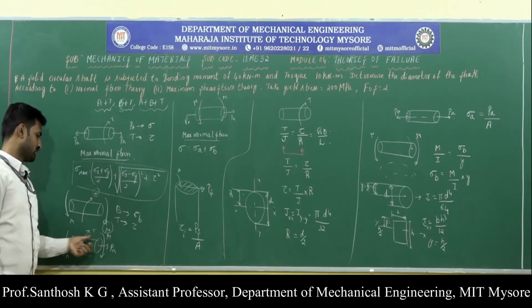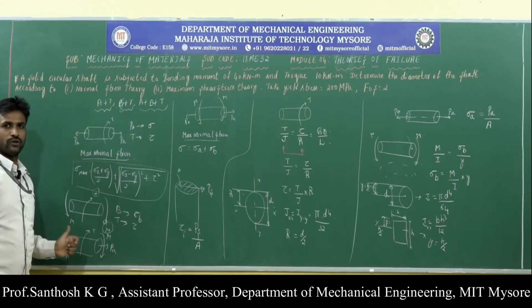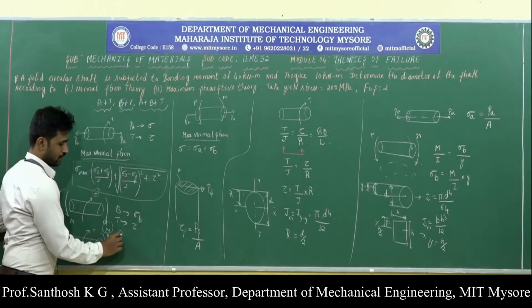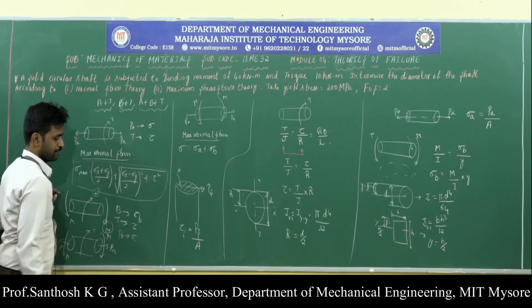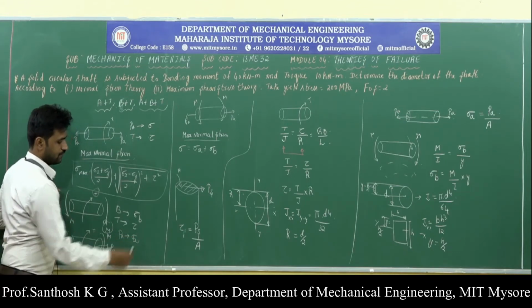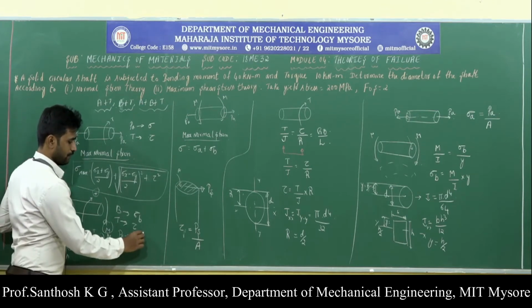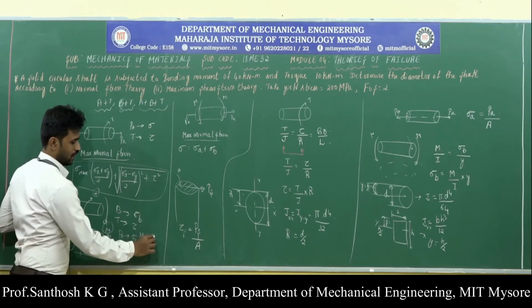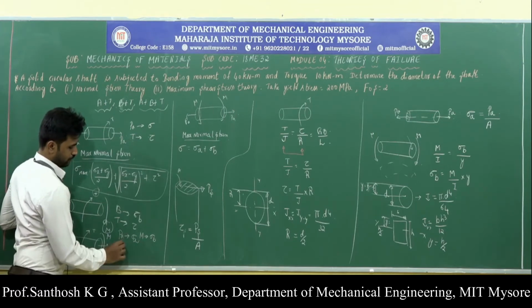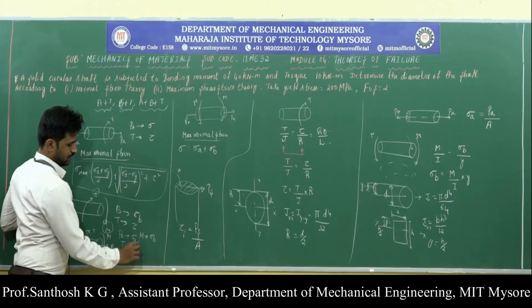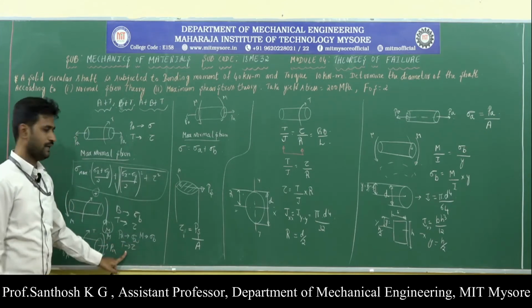If a member is subjected to three kinds of loading like this, then because of the axial load we will get the normal stress denoted by sigma A, because of the bending moment we get a normal stress denoted by sigma B, and because of the torque we will get a shear stress denoted by tau.